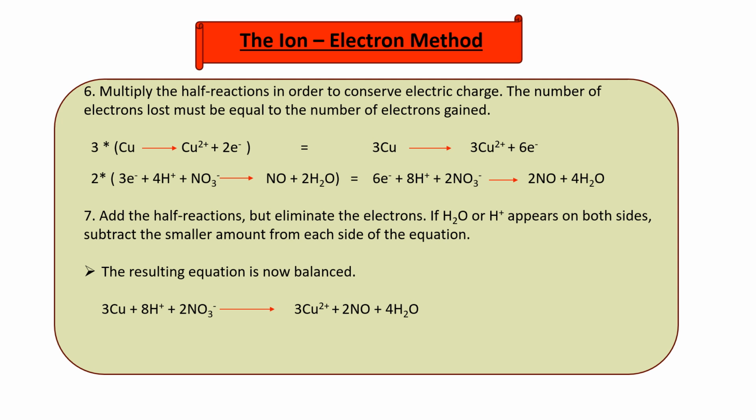If H2O or H plus appears on both sides, subtract the smaller amount from each side of the equation. The resulting equation is now balanced and it is like this: 3Cu plus 8H plus 2NO3 minus arrow 3Cu2 plus plus 2NO plus 4H2O, and this is our balanced redox equation.